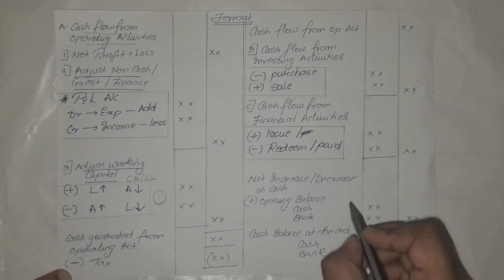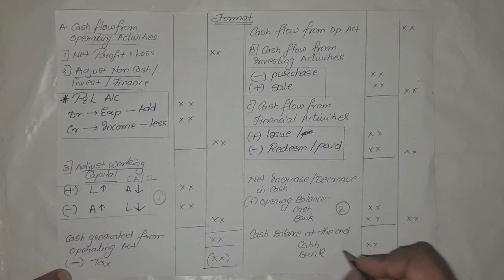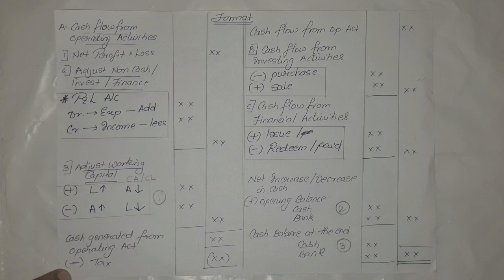Second, you need to note down the opening balances and closing balances of the cash which will be given in the question. After that, the next step will be to solve your adjustments. Whichever adjustments are there in the question, go through them.